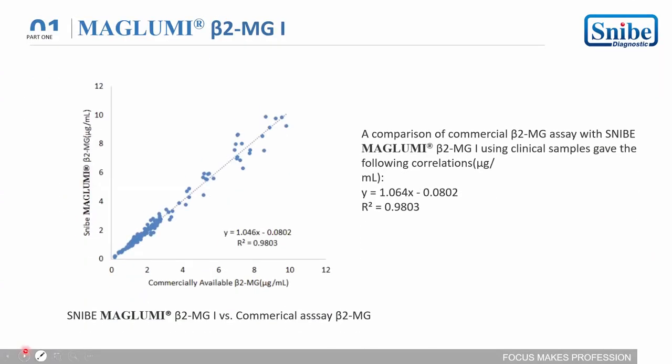If we compare the commercially available beta-2 microglobulin with the SNIBE MAGLUMI beta-2 microglobulin first generation assay, we have a regression value of 0.98, which shows excellent correlation in micrograms per ml with the other competitors available in the market.